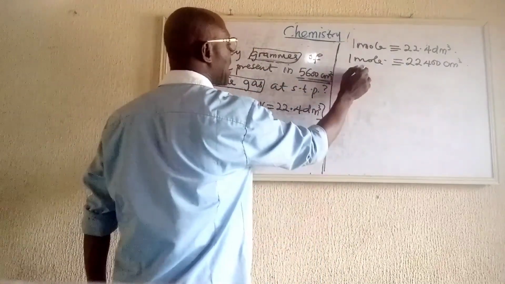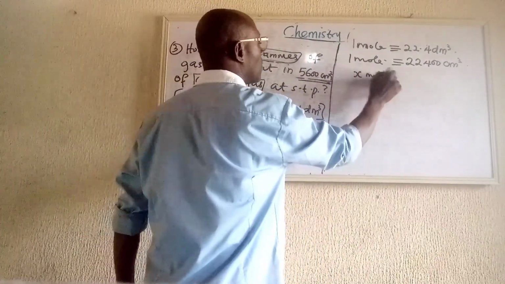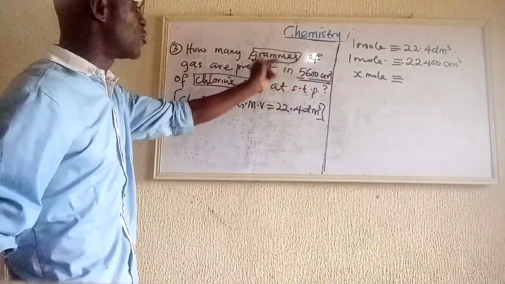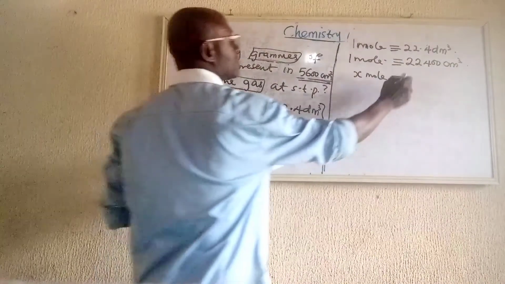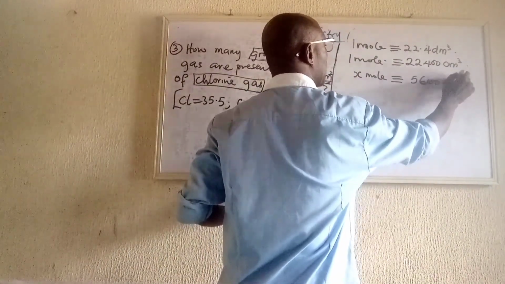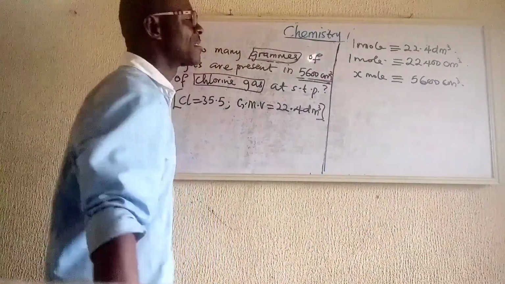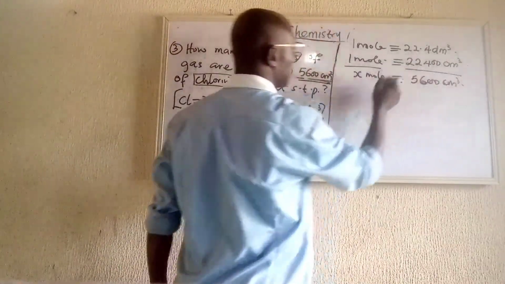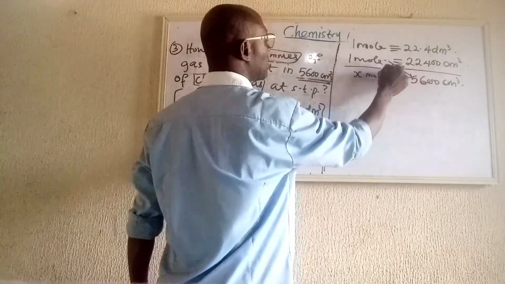So, let's say X mole now is equivalent to 5,600 cm cube, because we don't know the number of mole in this. Alright. As usual, I will draw division line between them. Cross multiply.